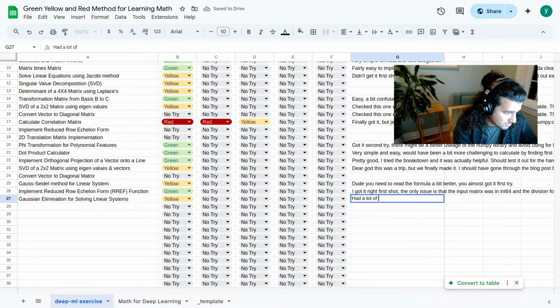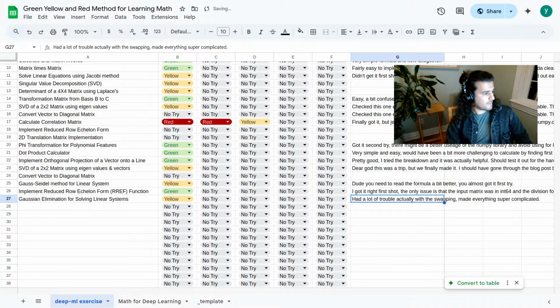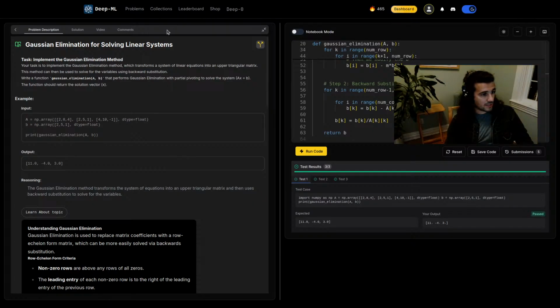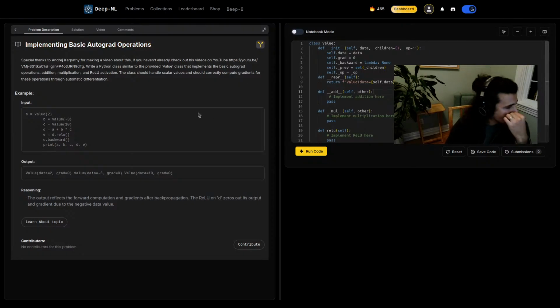Had a lot of trouble with the swapping. It made everything else super complicated. Right, okay, that's it. I think I'm gonna redo it again sometime, but not today. We'll do the AutoGrad one another time. I think that's enough for today.